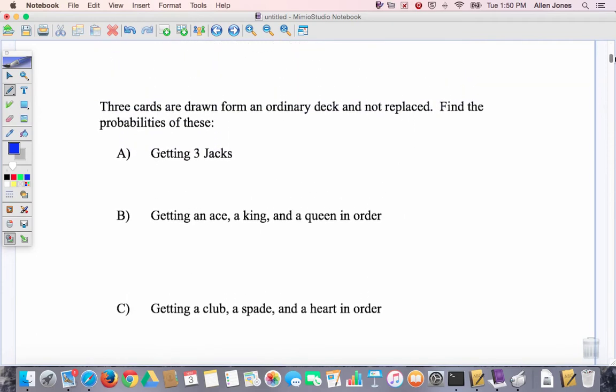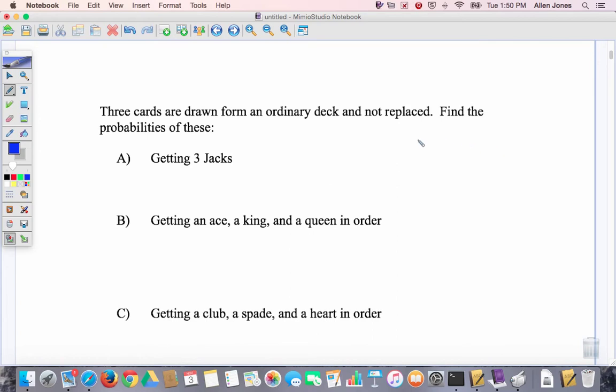So let's look at how our multiplication rules are applied. You can see our first example says 3 cards are drawn from an ordinary deck of cards and not replaced. So here's our key statement: not replaced makes those events dependent. Find the probability of getting 3 jacks. The probability of the first card being a jack is 4 out of 52. There are 4 jacks in a deck of cards, 52 total cards. To move on to the next event, the first card had to be a jack, which means there are 3 jacks left because we're not replacing it, and 51 total cards.